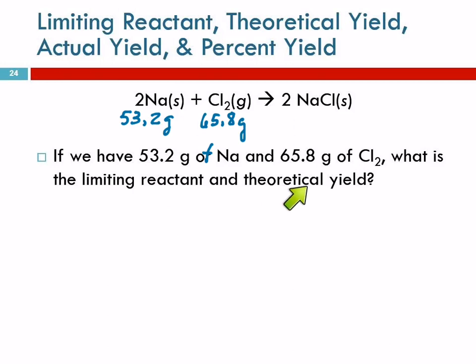They're asking us for the theoretical yield. We only have one product here. Sometimes there's more than one product, and the question should tell you which one they're interested in. But here, since there's only one, they don't need to say that. And again, this problem doesn't specify the unit. It's safe to assume that we should find the mass in grams.